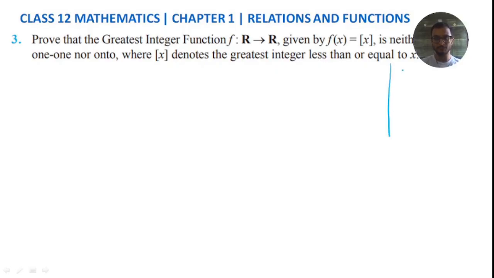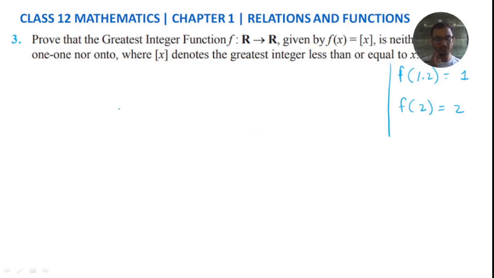Suppose I take x as 1.2, then what is the greatest integer function of 1.2? It is the greatest integer less than or equal to 1.2, so it will be 1. Now if I take f of 2, the greatest integer less than or equal to 2 is 2, because 2 is itself an integer. So this is the definition of the greatest integer function.